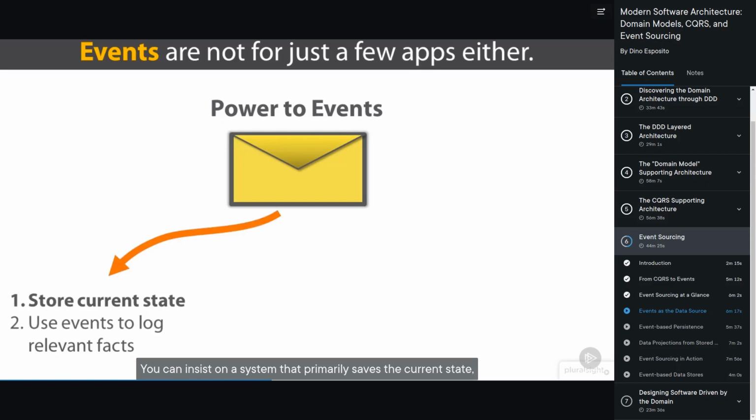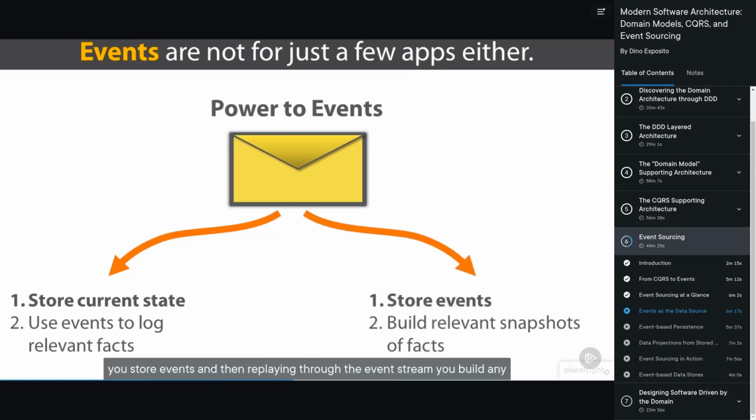You can insist on a system that primarily saves the current state but start tracking relevant application facts through a separate log. Second option, you store events and then, replaying through the event stream, you build any relevant facts you want to present to users as data. In other words, from events, you create a projection of data in much the same logical way you build a projection of computed database columns when you run certain SQL queries.